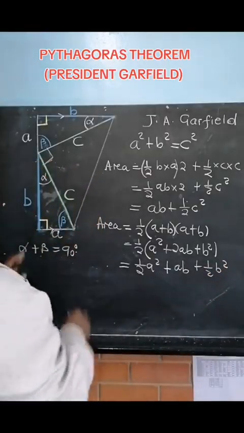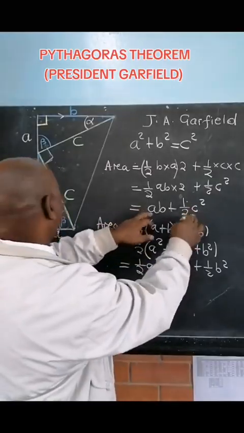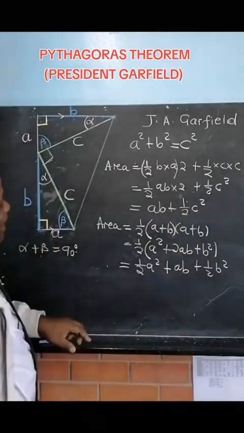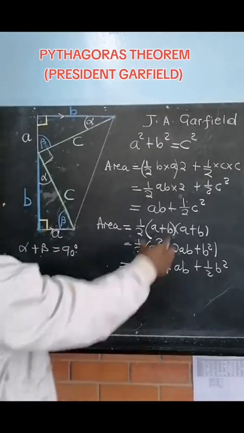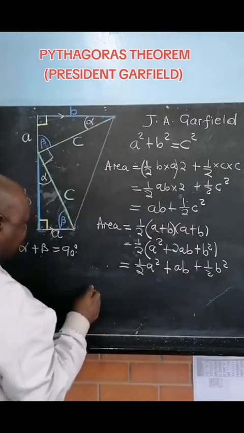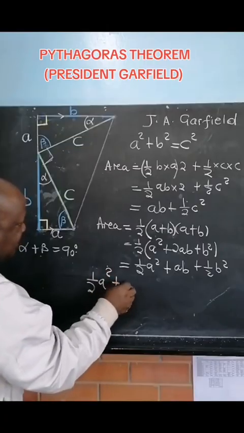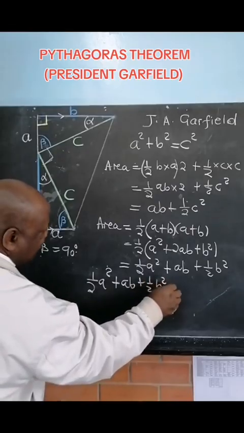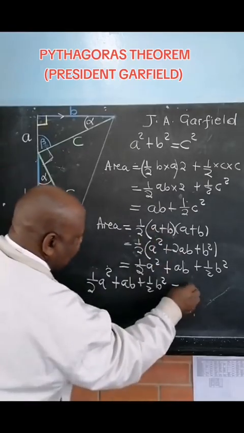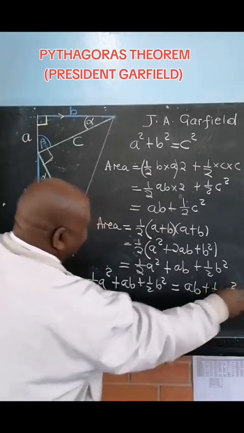Okay, but the area of this trapezium should be equal to the sum of the areas of the 3 triangles. So I am going to take this one, which is half a squared plus ab plus half b squared, is equal to ab plus half of c squared.